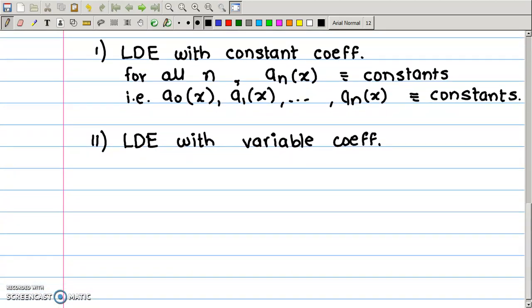So we try to solve each type. So we first consider linear differential equations with constant coefficients.